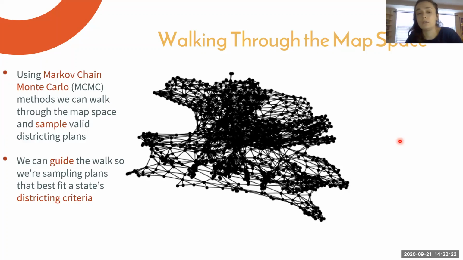Or if your state really cares a lot about finding districts that are very compact, you can upweight that in your walk. Ultimately, if your Markov chain walk is set up in a particular way, you're going to end up sampling maps from a distribution that upweights the qualities you want in a districting map. So if we keep going, we can pull large samples of these maps to get that big baseline ensemble.